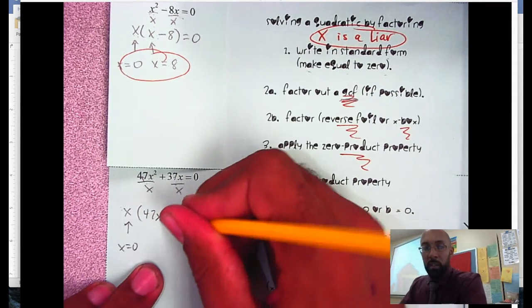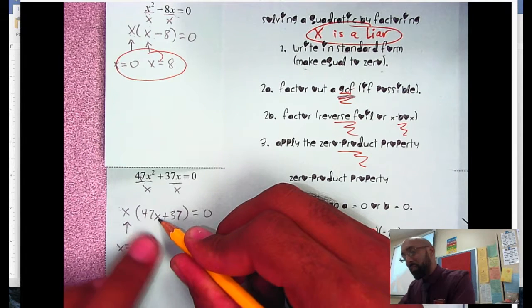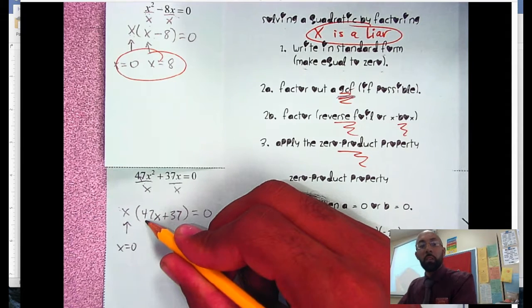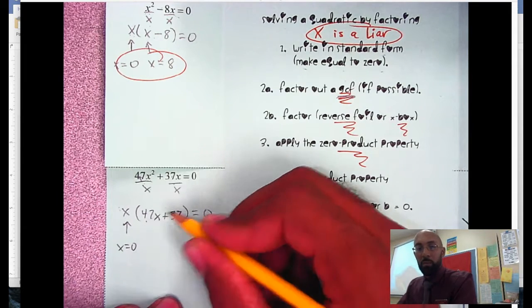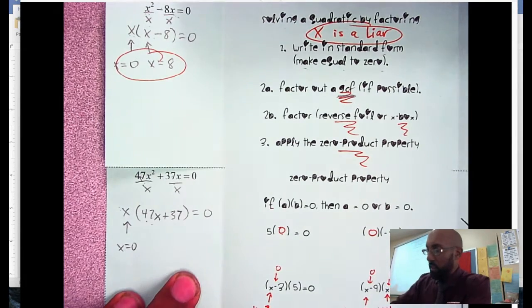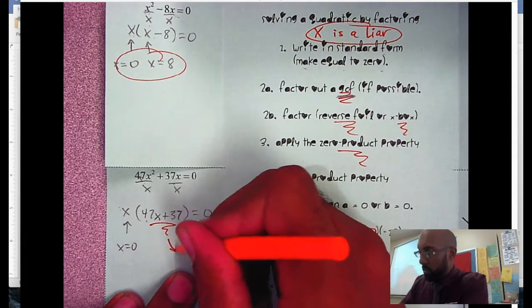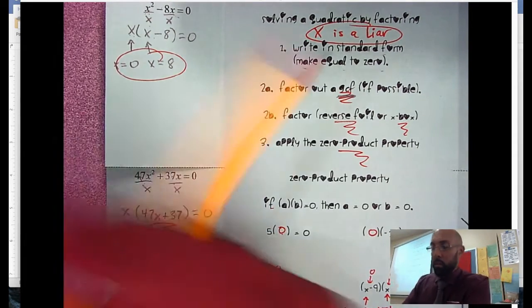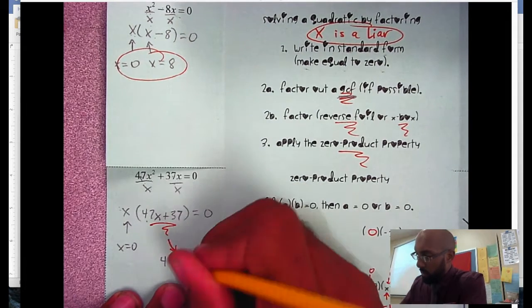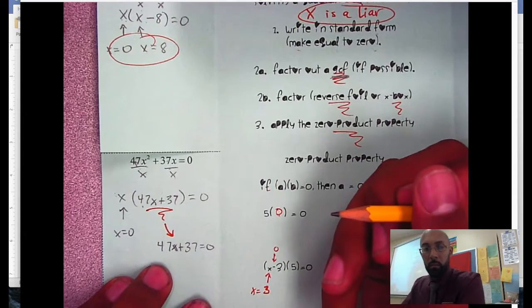But it's not so obvious here, because it's not negative 37. If I plug in negative 37, well then I'd have to multiply 47, and that's some huge number, and it won't equal 0. So what I'm going to do is take everything inside the parentheses, because now remember, I want all of this to equal 0. So I'm going to bring it off to the side, 47x plus 37, and make it equal 0.